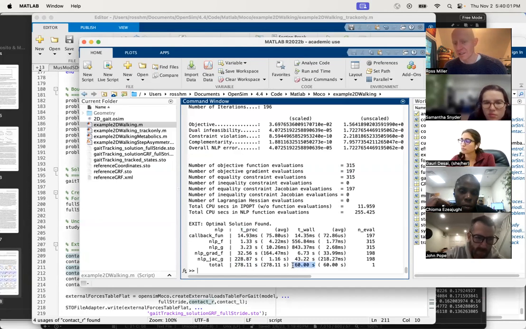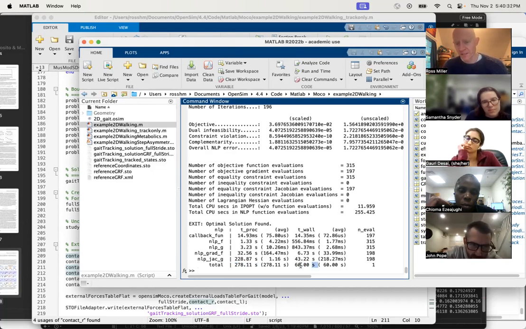T wall, you can see that's a shorter amount of time, 60 seconds versus 278 seconds. T wall is the time on a clock on the wall while this was running. You take that times however many processors it's running on, and that's the total processor time that it took. Those are often things that people will report for numbers for efficiency or how long the simulation took.